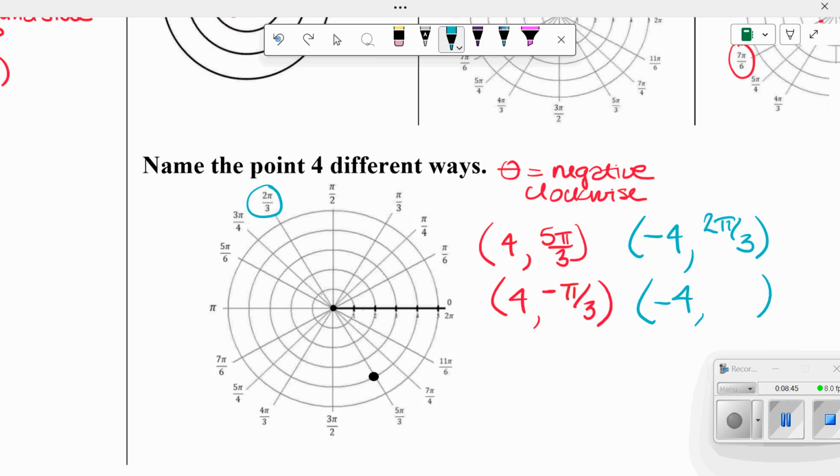So my only other option is to go clockwise. So what is the angle going clockwise? And of course, you guys know that as well. It's negative 4 pi over 3. So there's 4 ways that we can talk about this one point in polar.